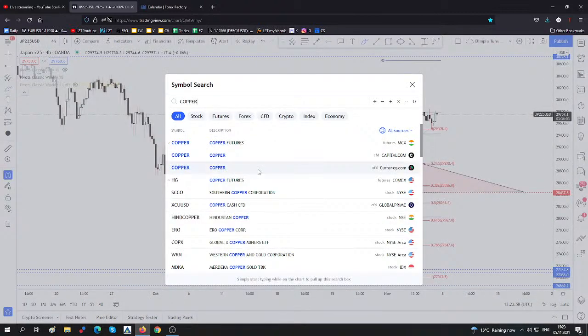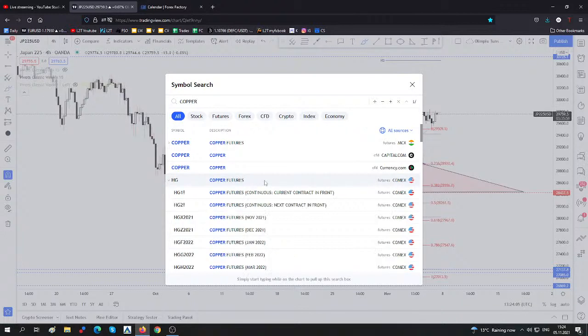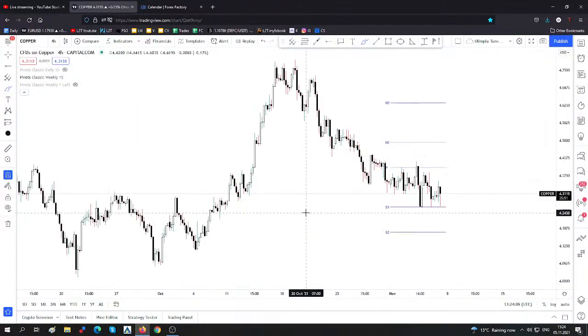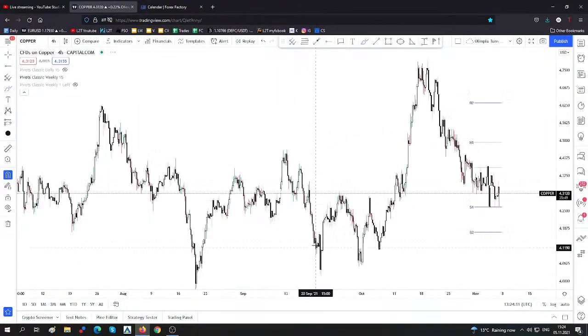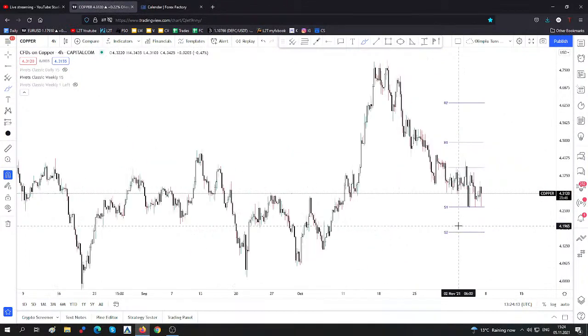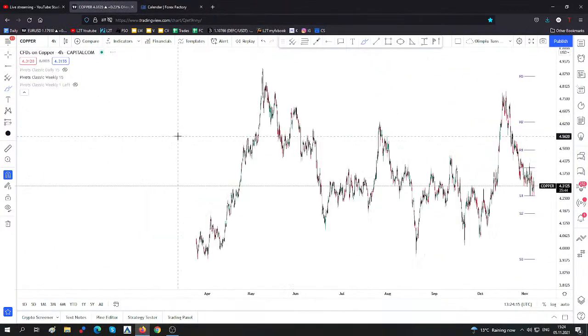Copper. CFDs on copper. So let's take a look.